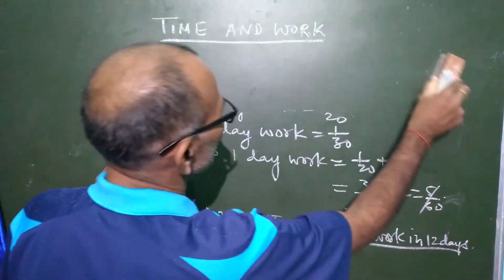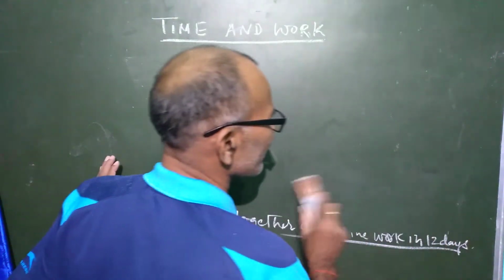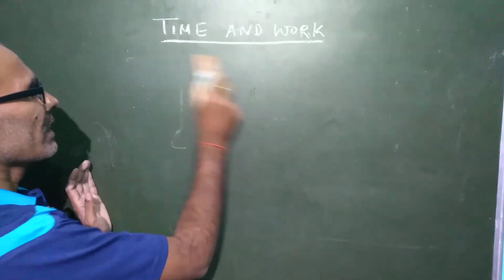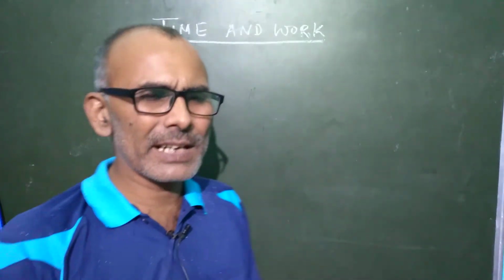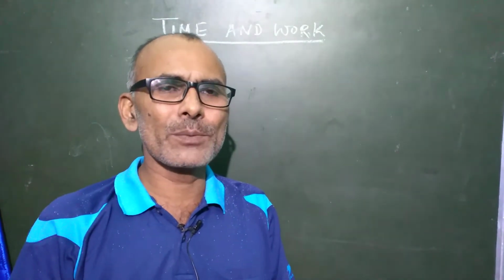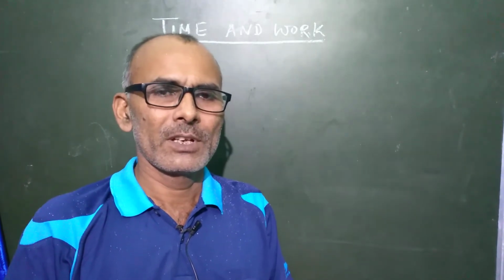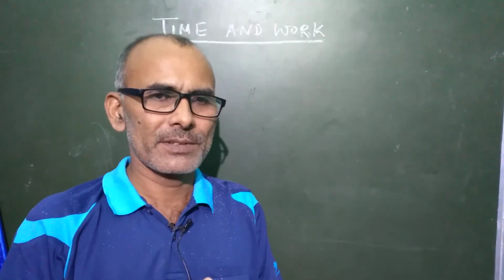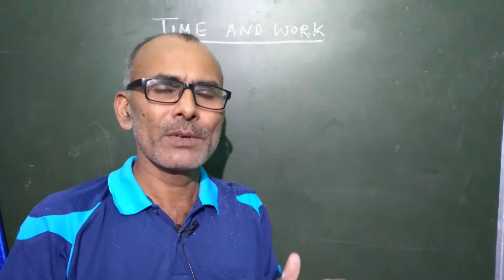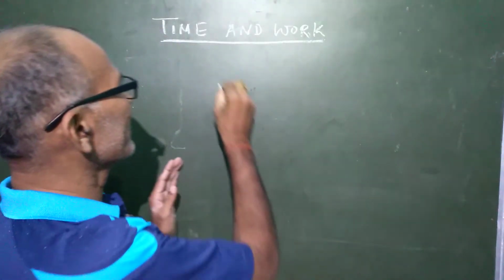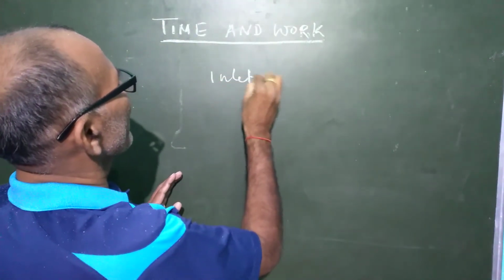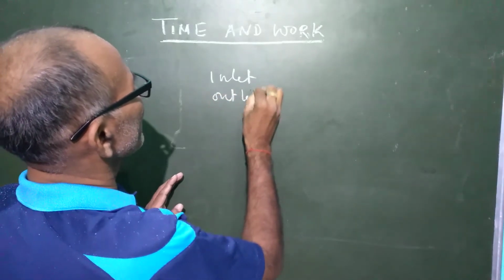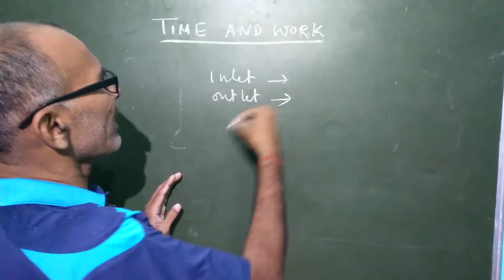Now see, after this I am going to explain one more concept. In time and work, generally we get questions related to pipes. So pipes will be of 2 types: inlet and outlet. See, try to understand inlet and outlet.